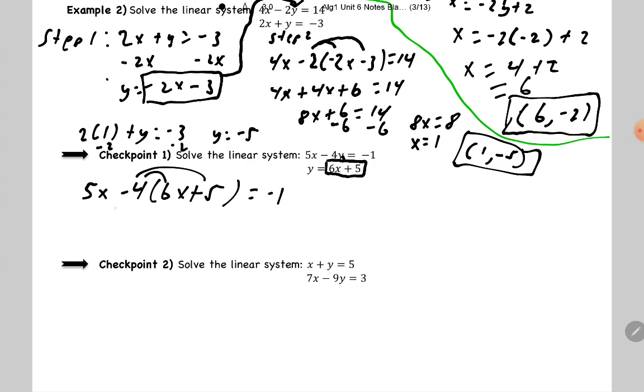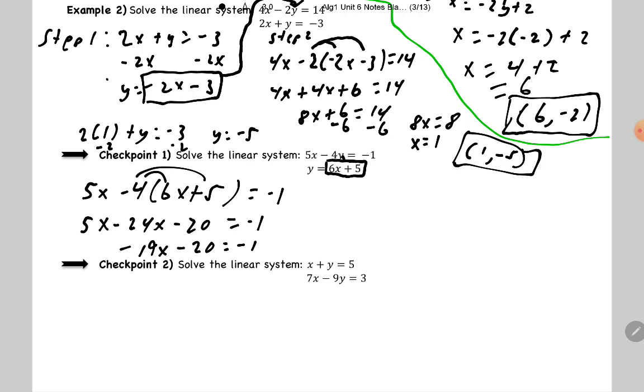Okay, distribute. 5x minus 24x minus 20 equals negative 1. So 5x minus 24x is negative 19x minus 20 equals negative 1.